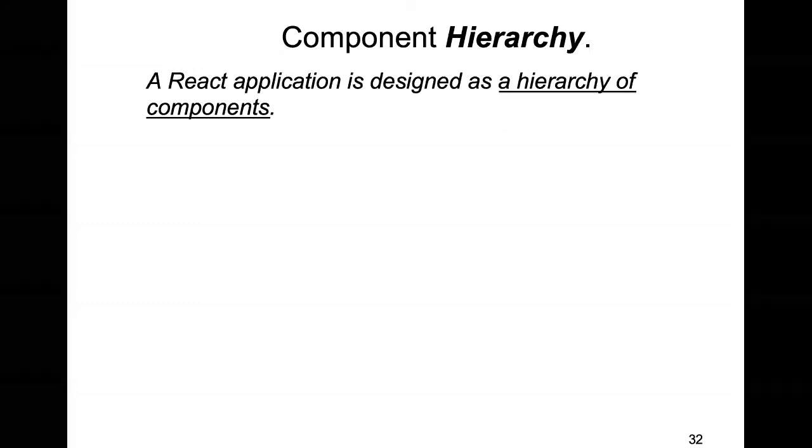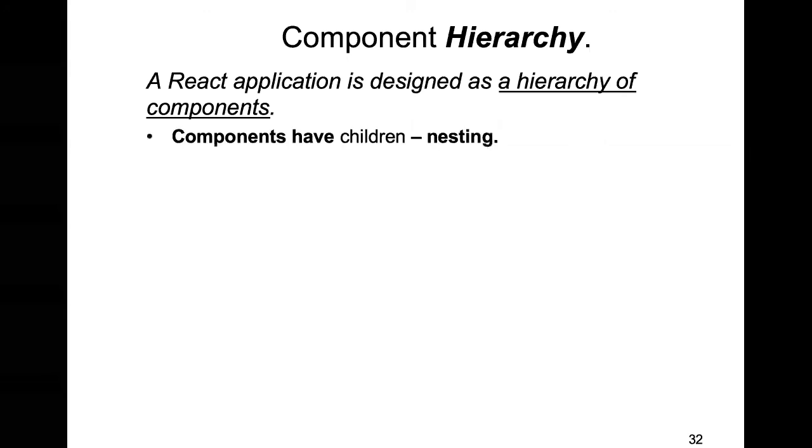And we'll see later on how we come up with a hierarchy for a particular kind of UI layout. That'll come later on down the line, but as a statement, that's actually the case. So you have nesting of components inside other components, or you have children. We talk about the component having children.